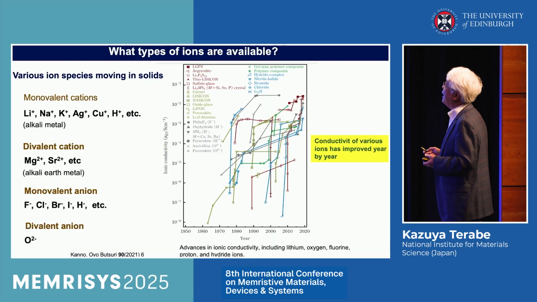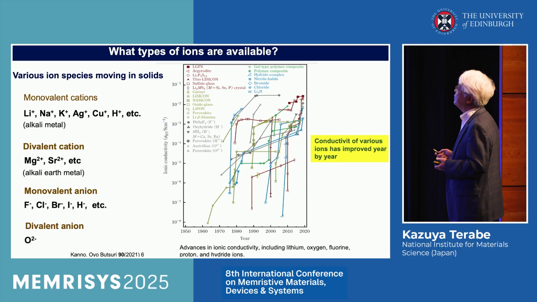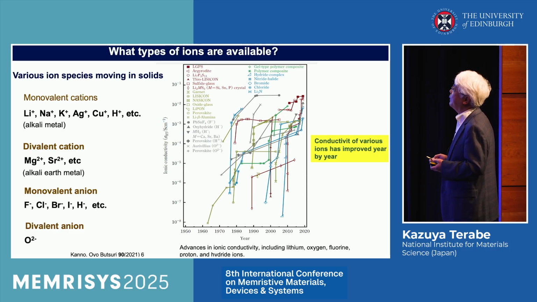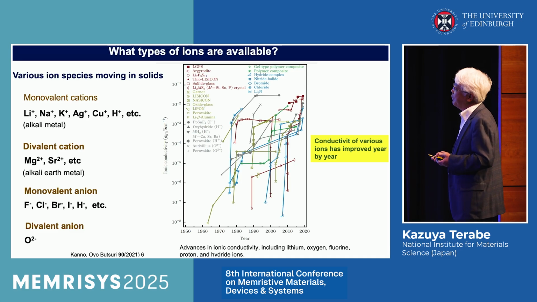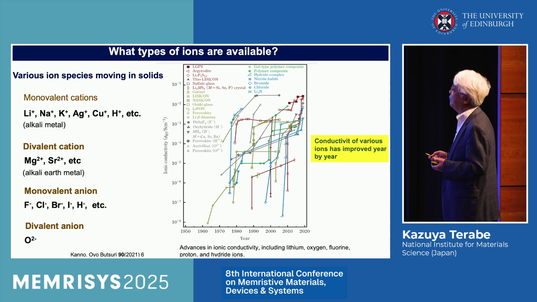So what types of ions are viable? Up to now, many various ion species moving in solids have been found. For example, monovalent cations are lithium, sodium, potassium, silver, copper, and proton. These are alkali metal ions.